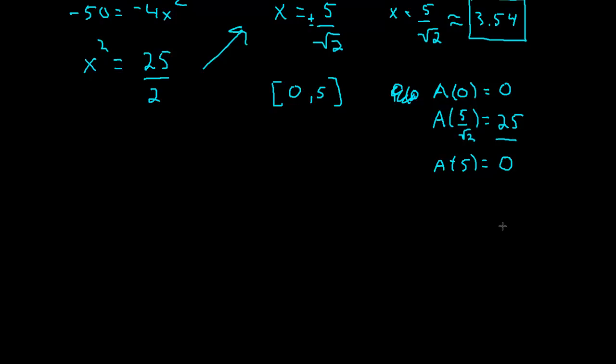So clearly 25 is the biggest value. So 5 over radical 2 maximizes the area. And that area is 25.